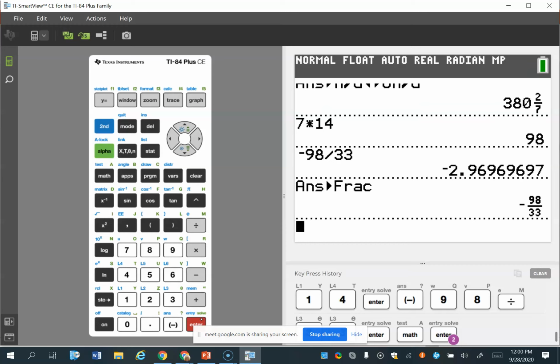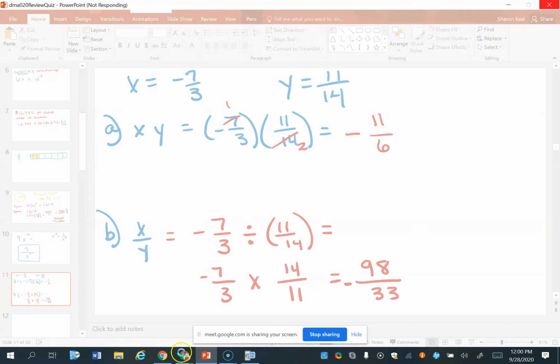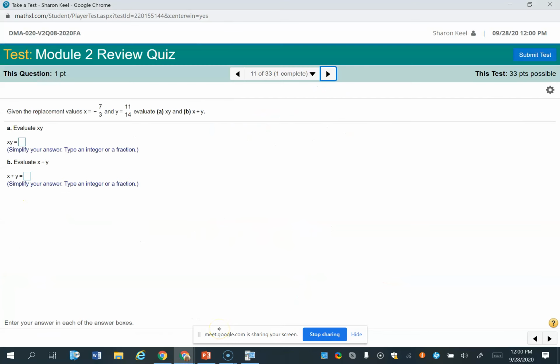And it does not reduce any further. So that would be our final solution there, -98/33. These both say integer or fraction, so if it does not specify mixed number, you leave it as an improper fraction.